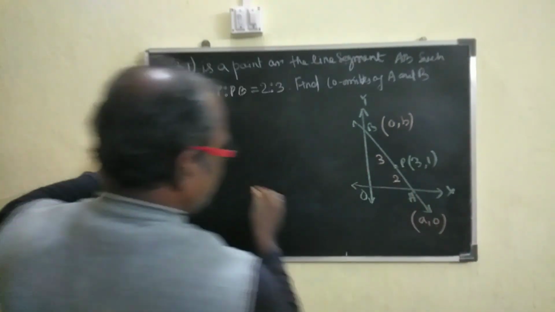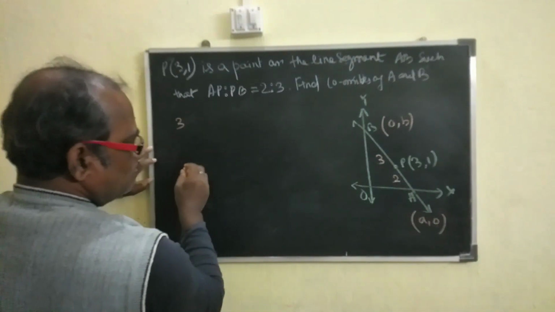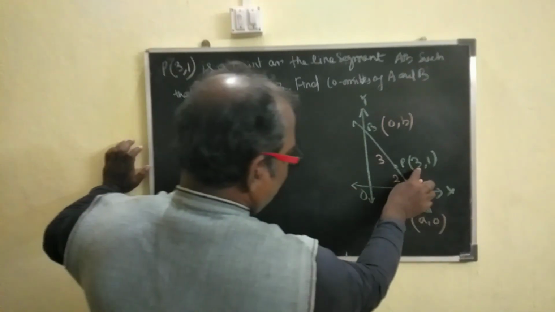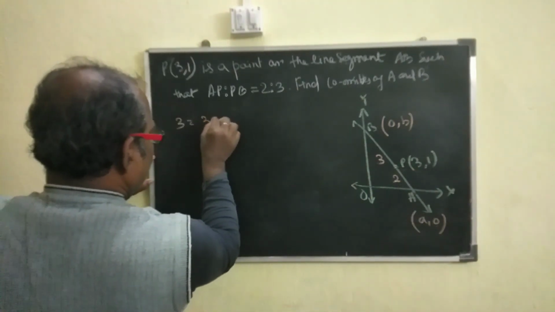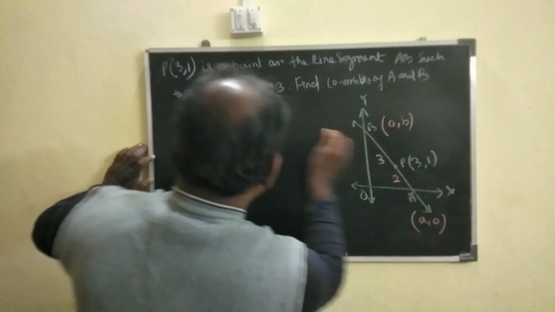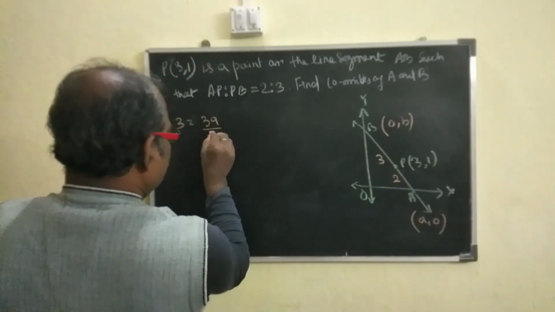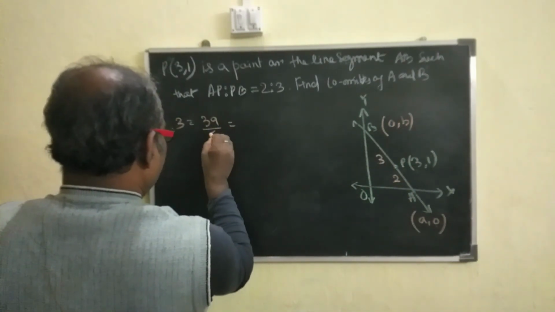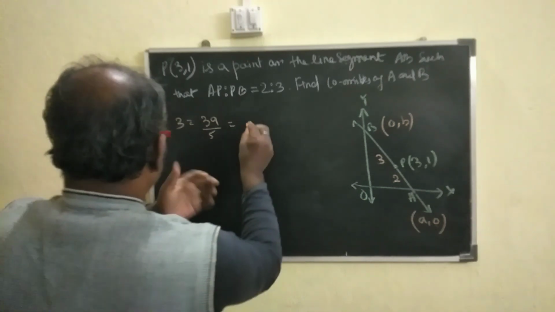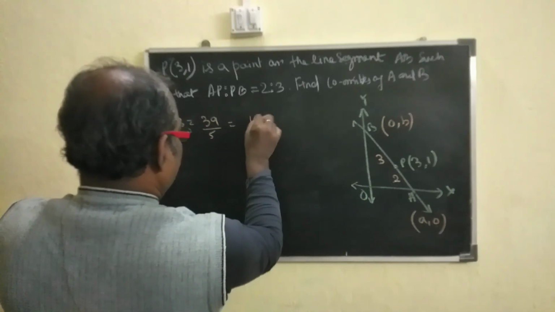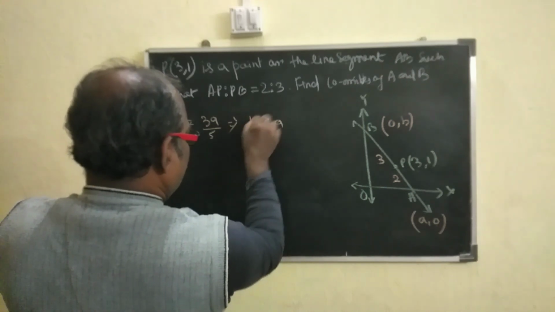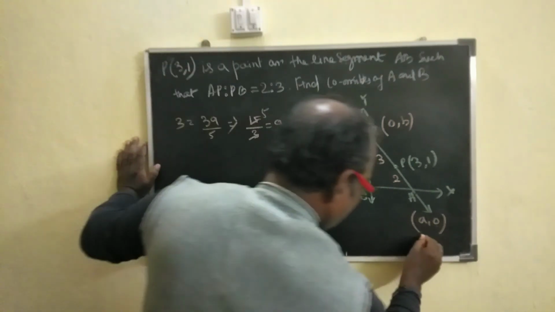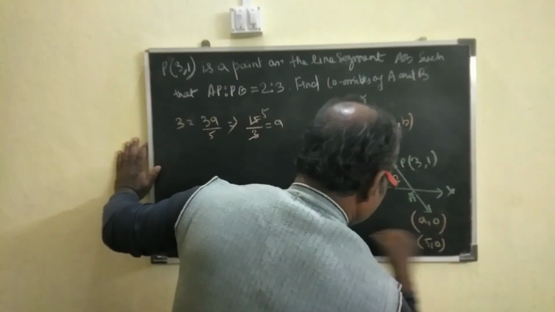So at first let us go with this point. 3 equals to 3 into A, 3A plus 2 into 0 is 0, by 2 plus 3 is 5, which gives here 5 3s are 15 by 3 equals to A. That is A equals to 5. So we can write here 5 comma 0.